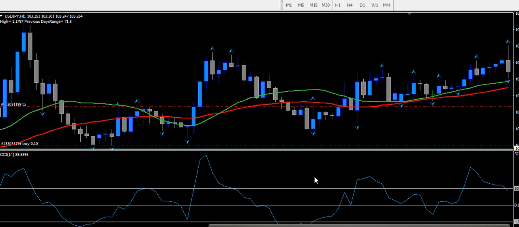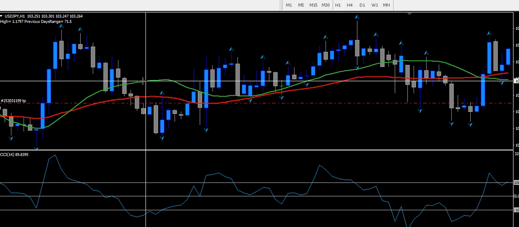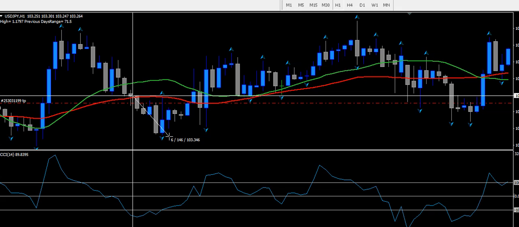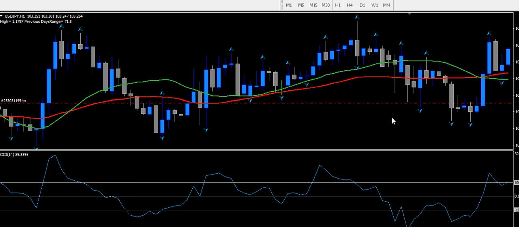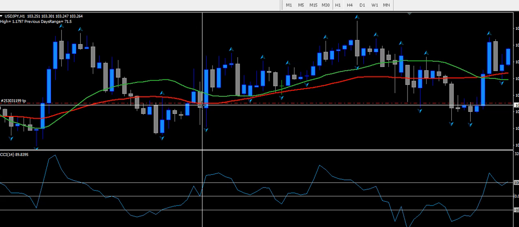Let's see more points in this chart. Look here. CCI crosses from negative 100 and gives some pips, like 15 pips. You cannot really call that a market correction. And see here, rising from 0 to 100, and it is above 100, and this is all the way above my moving averages.